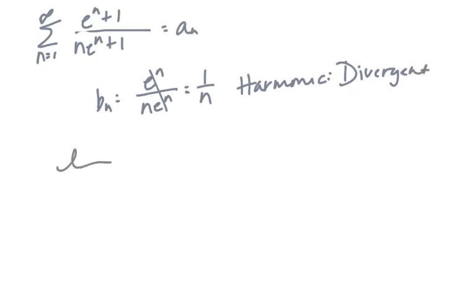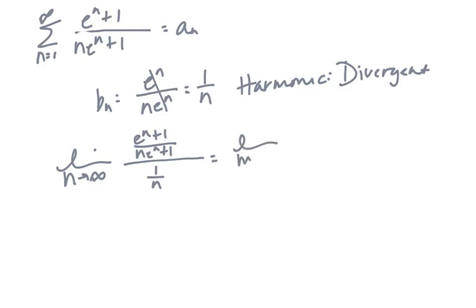So then we can say the limit as n approaches infinity of e to the n plus 1 over n e to the n plus 1, divided by 1 over n, because we have an over bn.